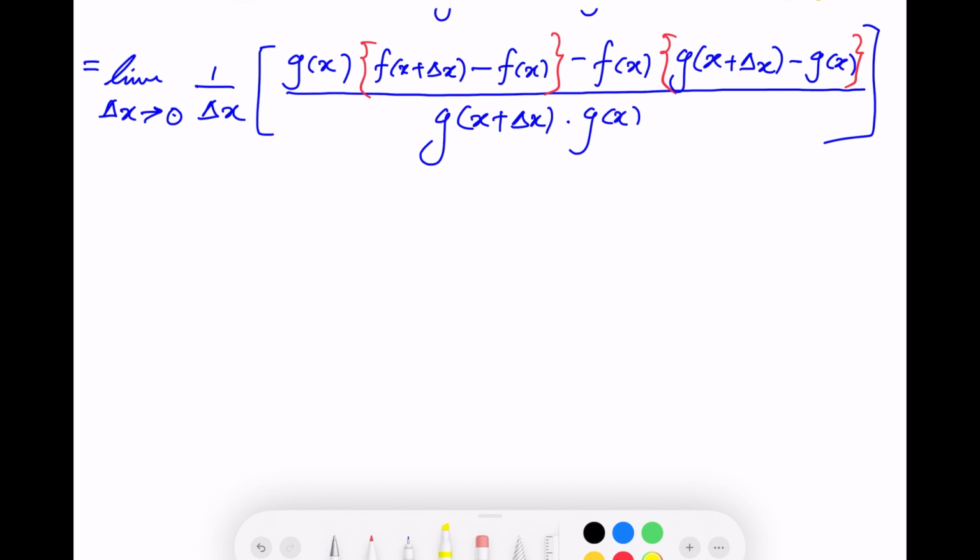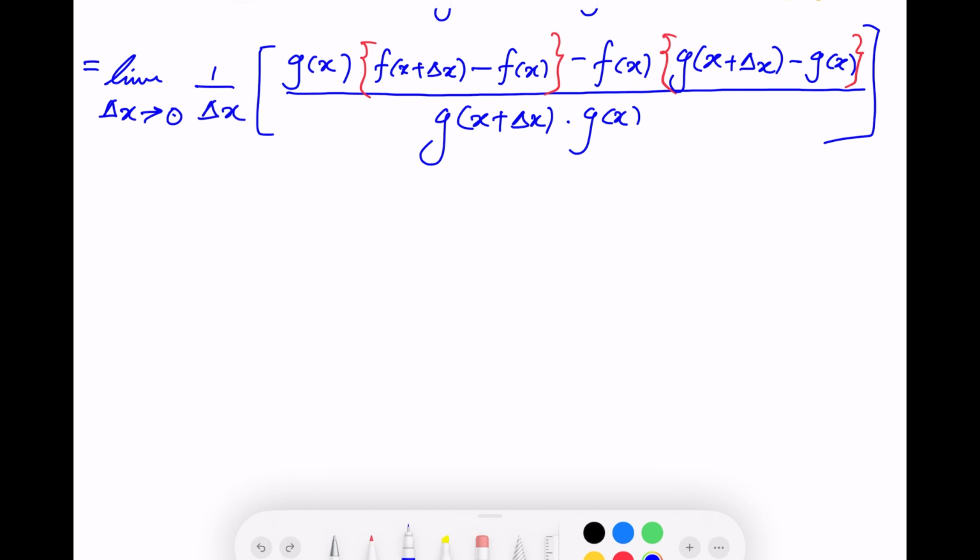Now I'm going to split these two fractions. This is one fraction and this is another fraction. Those two are separated by this negative symbol in the middle. So let me split that one fraction as two fractions and rewrite. When I rewrite as two fractions, I will put this delta x also in the denominator for each of those two fractions, because that delta x term is factored out as 1 over delta x, which means delta x is in the denominator.